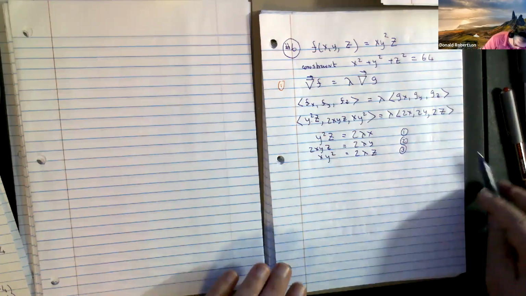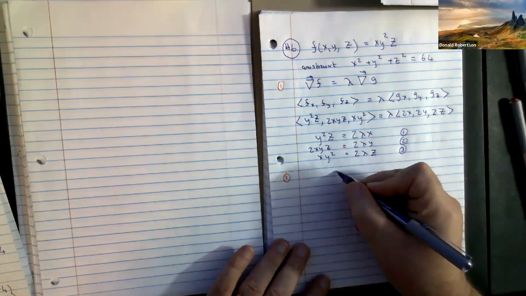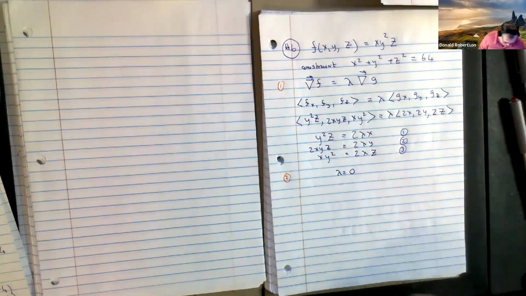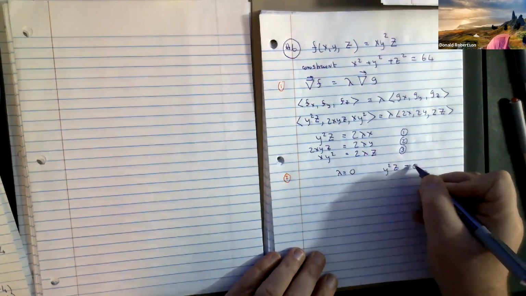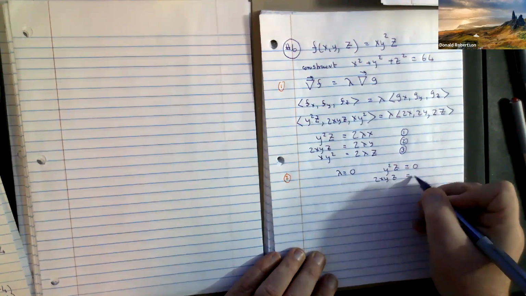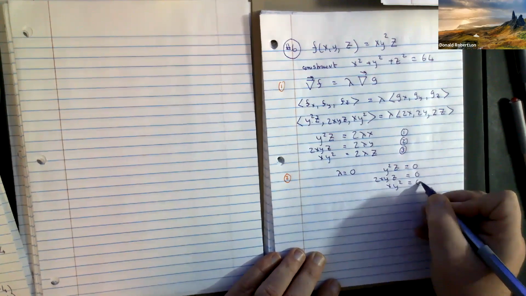Right. Step 2 is, what would happen if lambda was 0? Well, you would end up with y squared z is 0, 2xyz has to be 0, and xy squared equals 0.